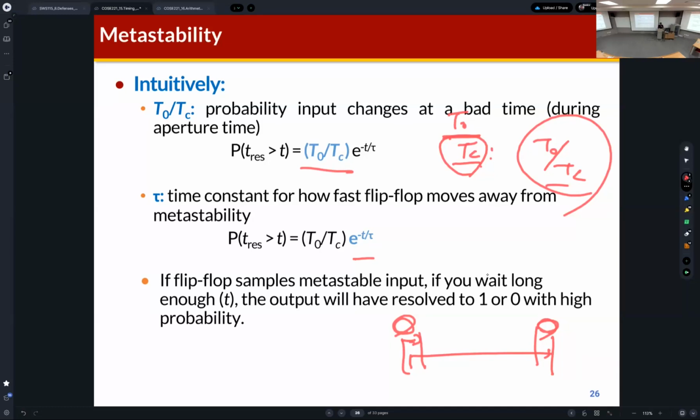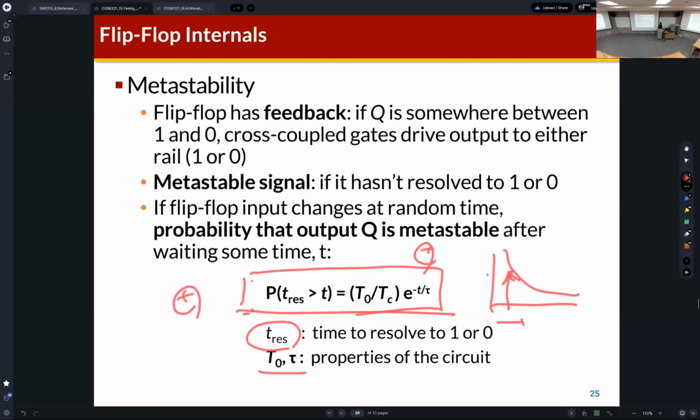Then, the time required for escaping from metastability is a property of the circuit. But if we see this probability function, then we can understand that if we wait a long time, the probability will be reduced.